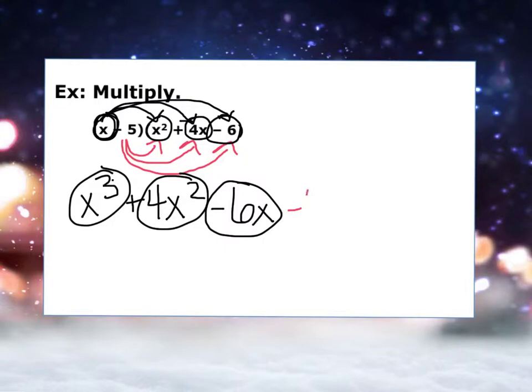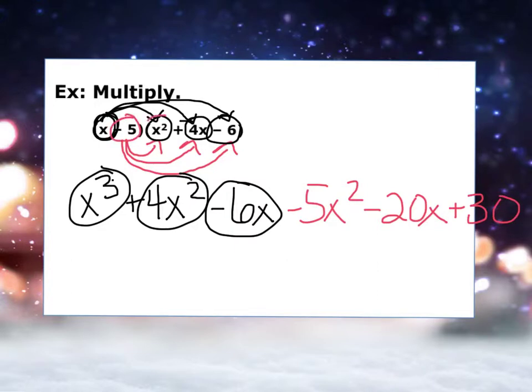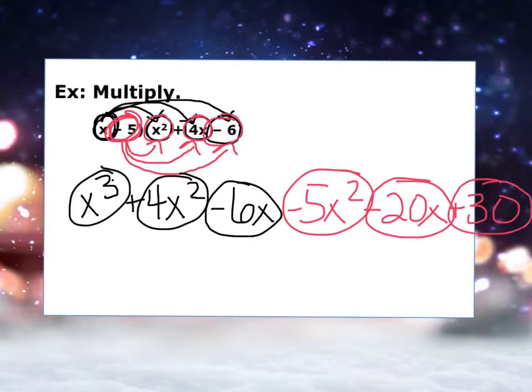So I get negative 5x squared, then negative 20x, and positive 30. Once again, it was negative 5 times x to get negative 5x squared, negative 5 times 4x to get negative 20x, and negative 5 multiplied by negative 6 to get positive 30.